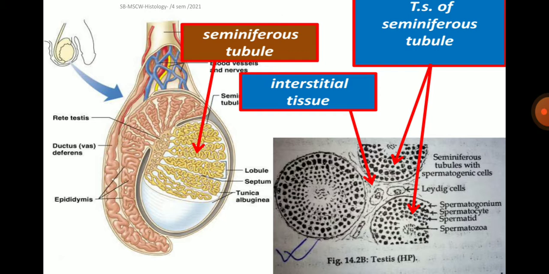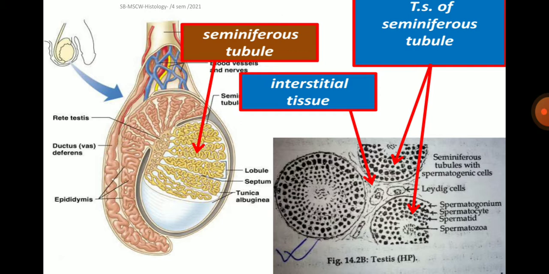Then there is a structure called rete testis, into which the seminiferous tubules open, and along with that the duct system which leads from the testis, the epididymis, is shown, along with which the ductus deferens can also be seen here. There are also blood vessels which can be seen right at the topmost region of this diagram.